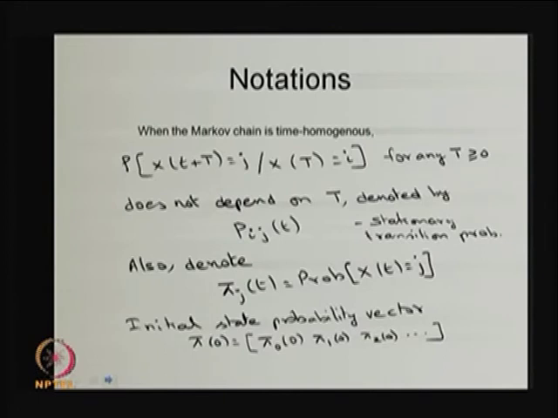This transition probability says the system was in the state i at the time point capital T. Let me draw the simple diagram.